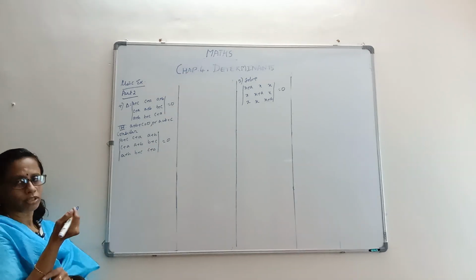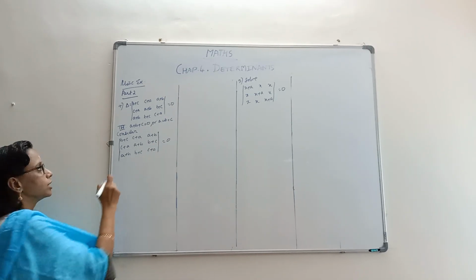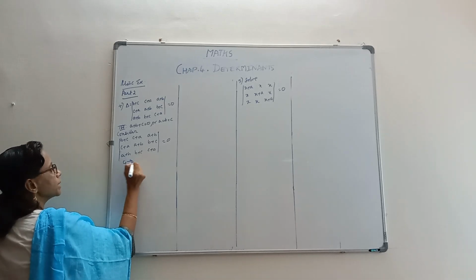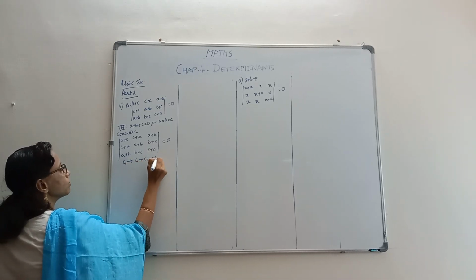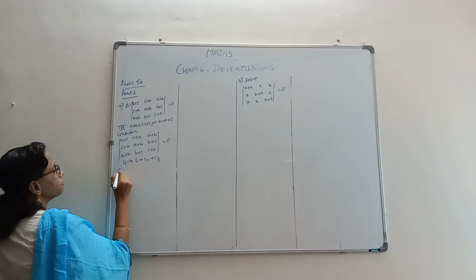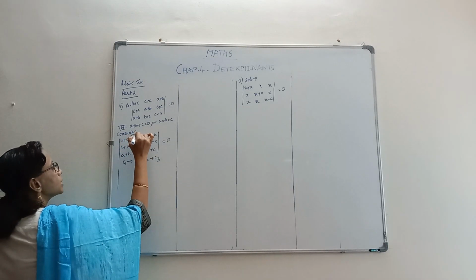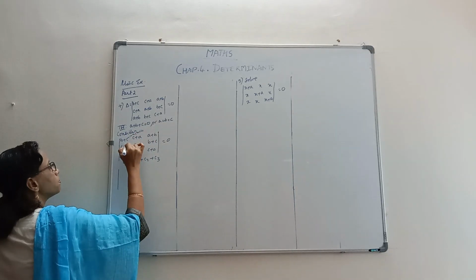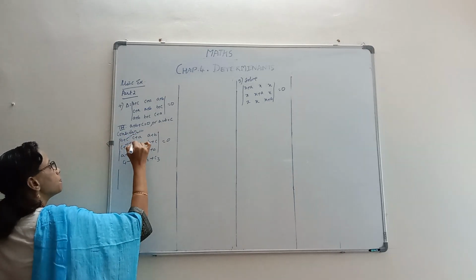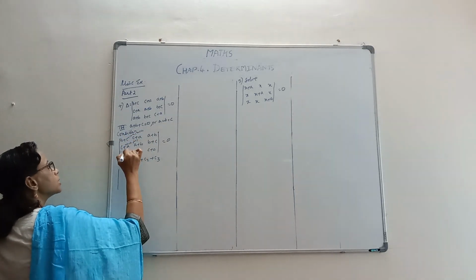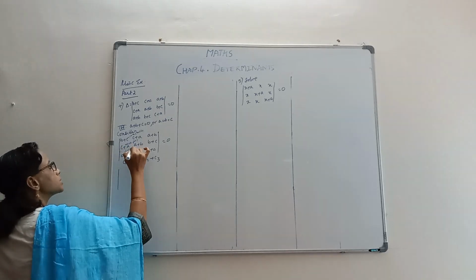Let's plan to add all three columns and see what we get. So C1 becomes C1 plus C2 plus C3. What happens? We will get b plus c plus c plus a plus a plus b in the first row.